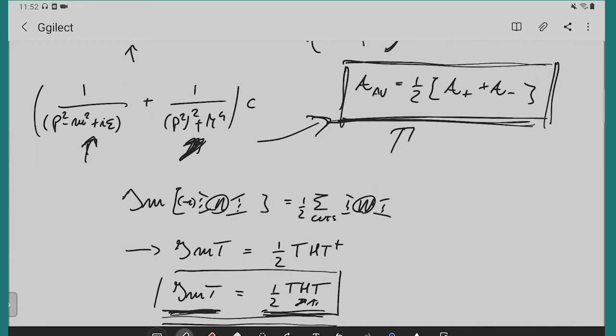Now, the best part in this, and then I conclude, is that this formula doesn't really care if your theory is a higher derivative one or not. It doesn't care if your poles come in complex conjugated pairs or not. So you can apply this formula to whatever degrees of freedom you like, because it doesn't depend on M, if you want.